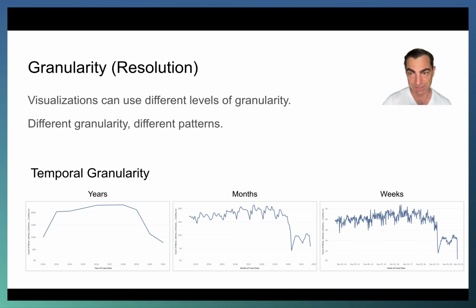So for instance, the timeline with the weeks granularity shows a lot of little details, right? But maybe at the expense of seeing the overall trend as clearly as when we aggregate data at the level of years. On the other hand, when we aggregate at the level of years, we lose a lot of important details.